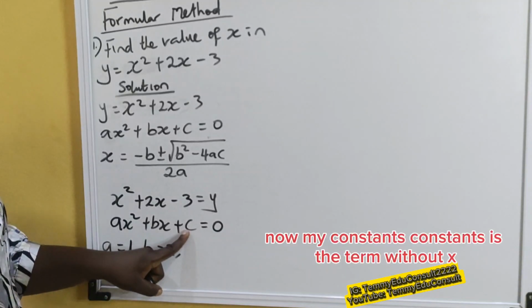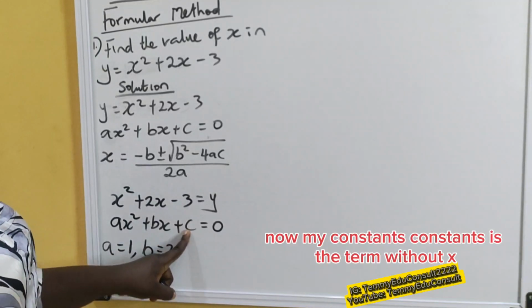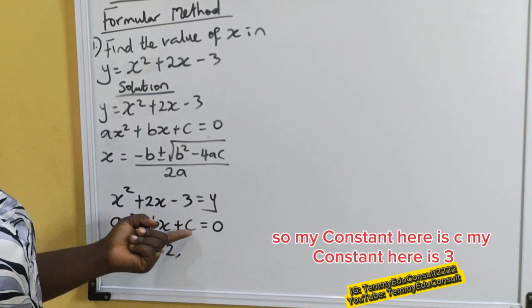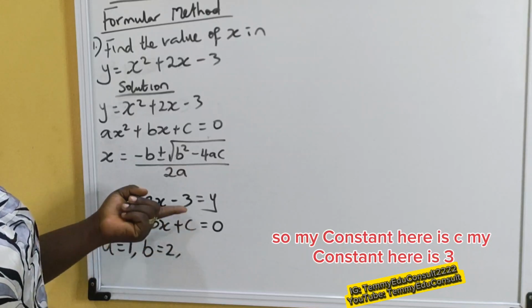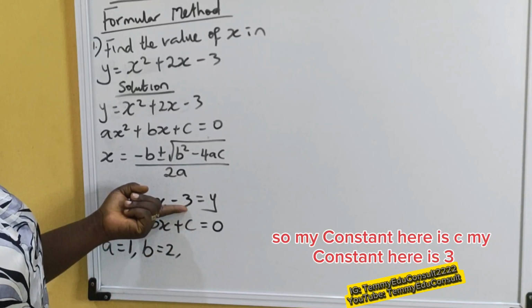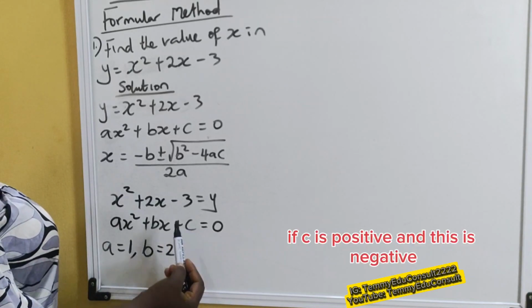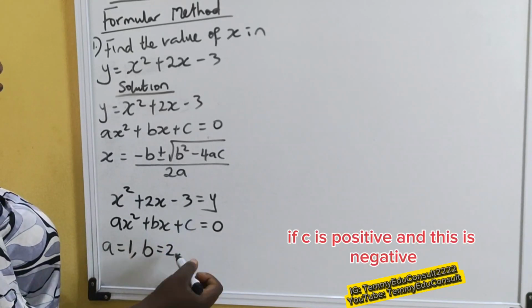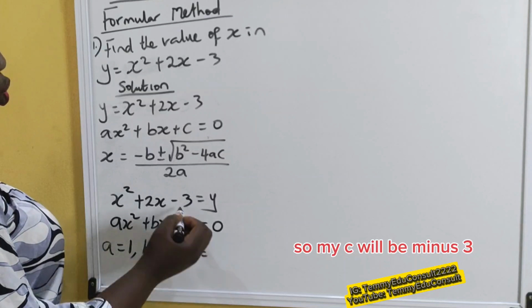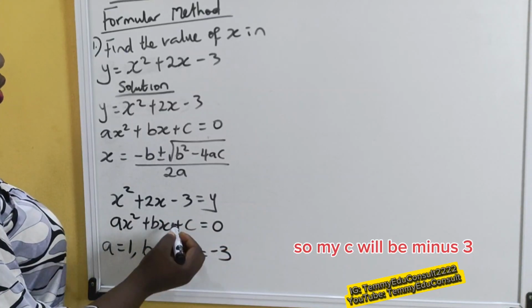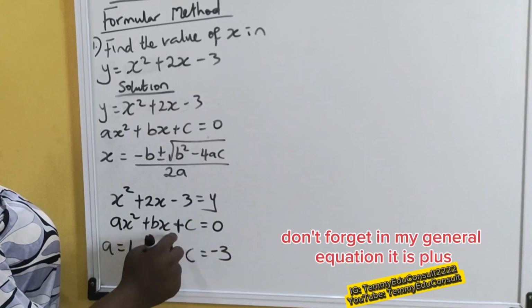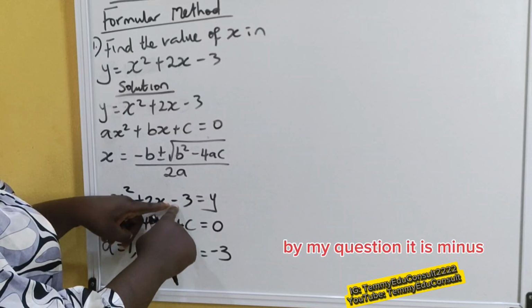Now my constant is the term without x. So my constant here is c, my constant here is 3, but I need to take note of the sign. In my general equation it is plus, but in my question it is minus, so my c will be minus 3.